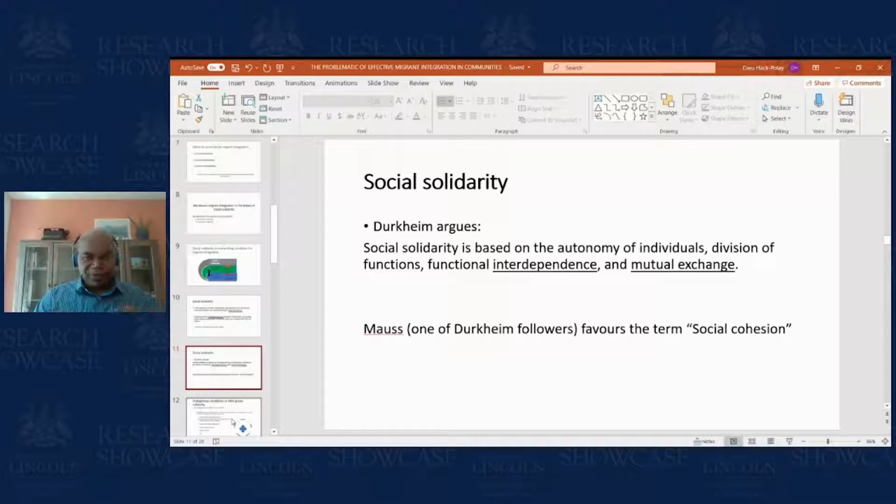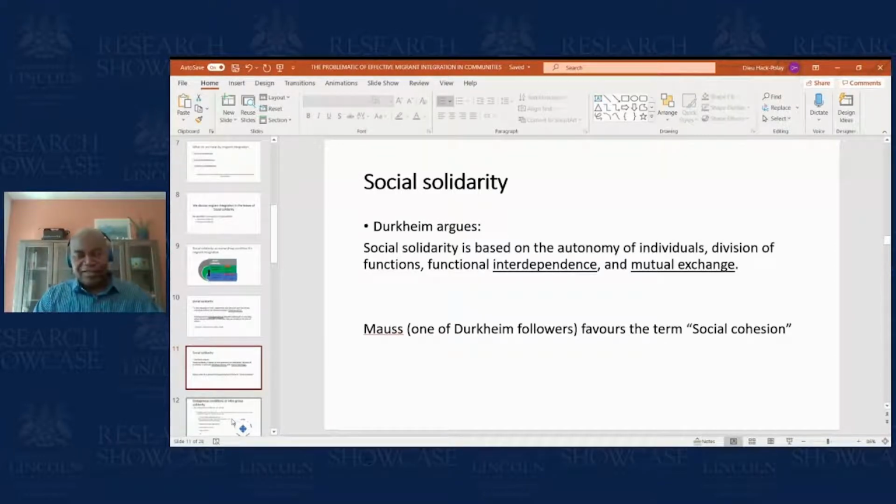Durkheim was one of the very first to create the term social solidarity. Durkheim, the sociologist Durkheim, could be credited with that notion. And for him, social solidarity is based on the autonomy of individuals, the division of function, and functional interdependence.